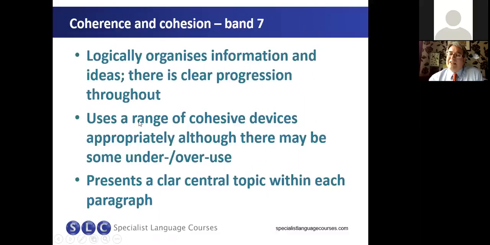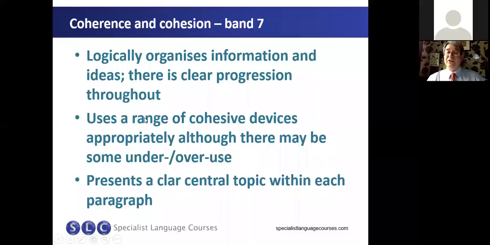So the candidate needs to use a range of cohesive devices. Wow, there's a word or a phrase. Cohesive device. Well, it's something to do with cohesion, isn't it? So a device that sticks things together. So a cohesive device, think of them as signposting words. A cohesive device lets the reader know what's coming next. It's like a signpost in your writing.